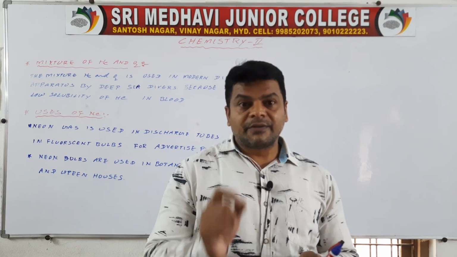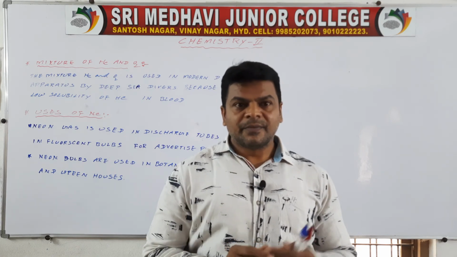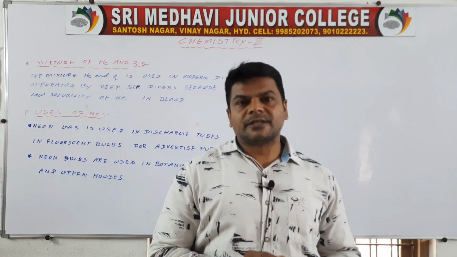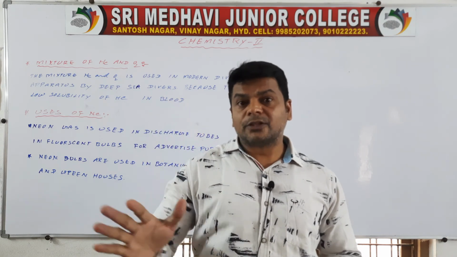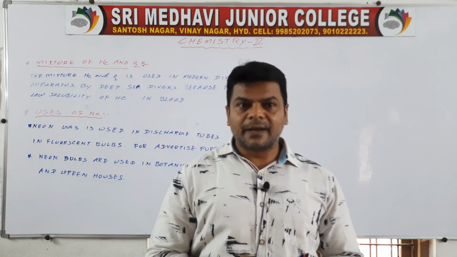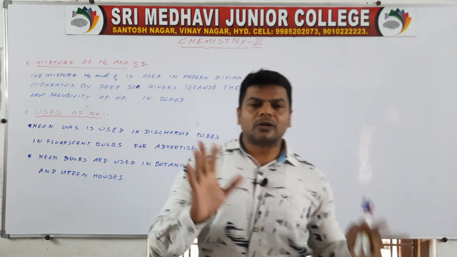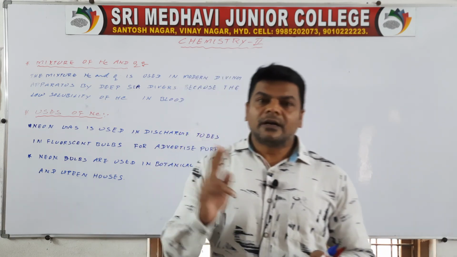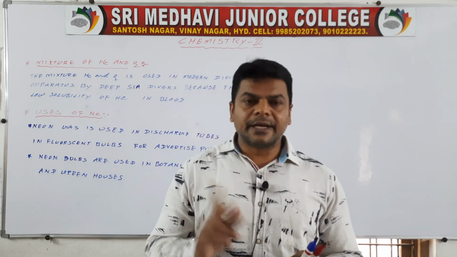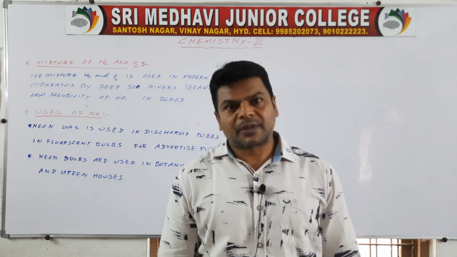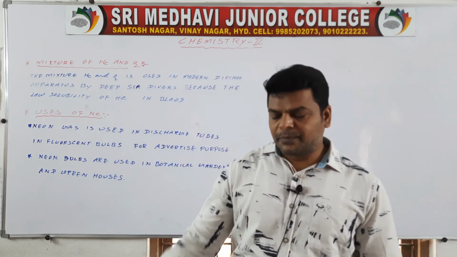The 6th and 7th groups are important for long answers, the 5th group is for very short and the 8th group is for short. In this chapter you have to read all the 2 marks, 4 marks and 8 marks questions also. This is a very important chapter.